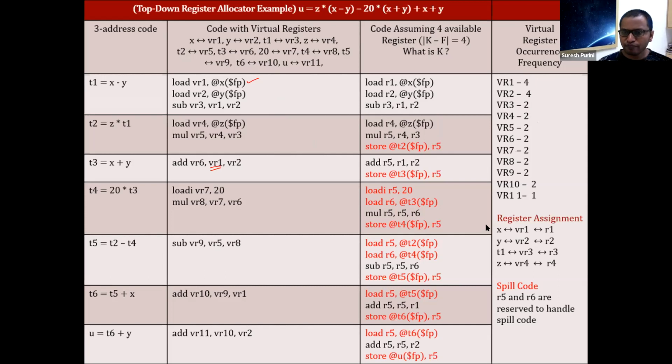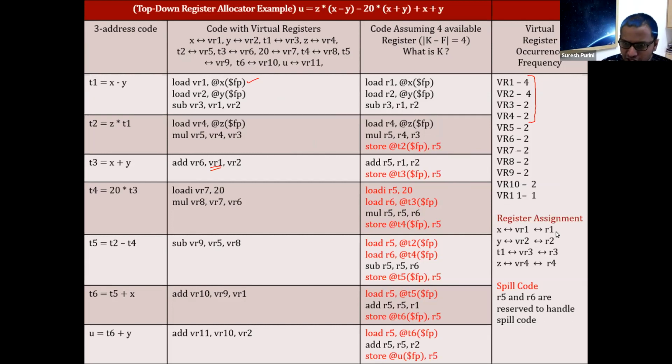Our approach is very simple. We have 4 registers available, and these are the 4 virtual registers topping the chart. Of course, there is a tie between VR4, VR5, and VR6, which we have arbitrarily resolved by saying VR4 gets the physical register.